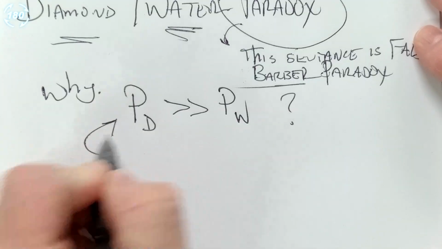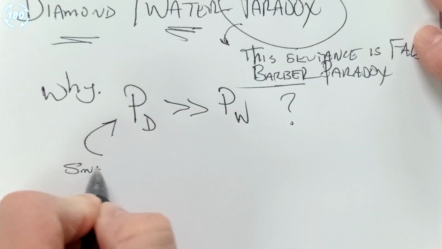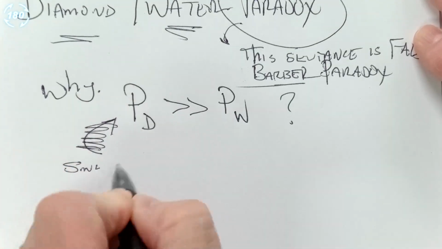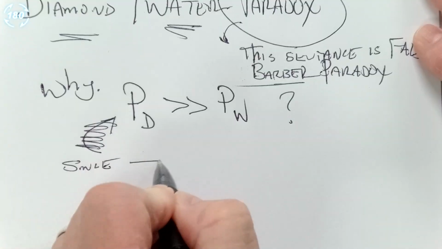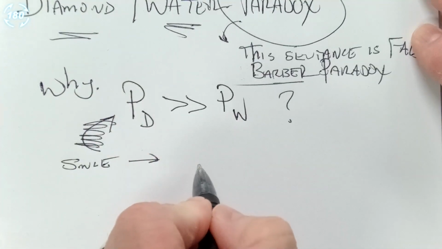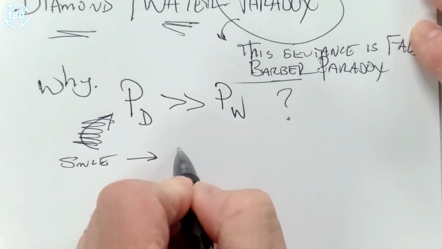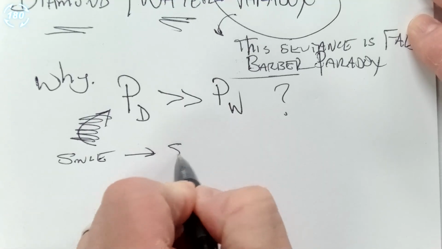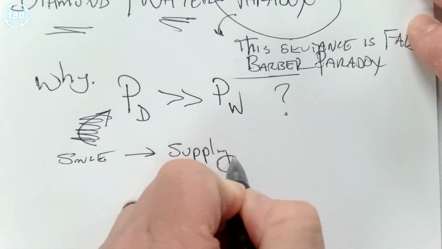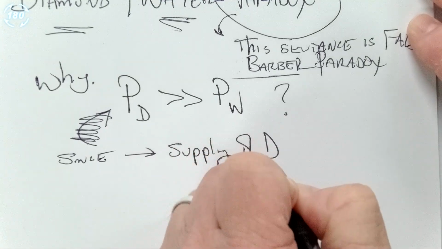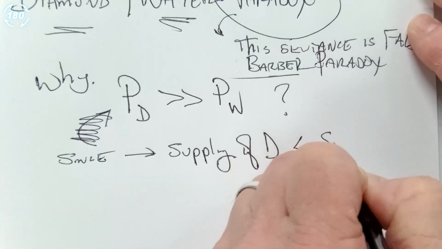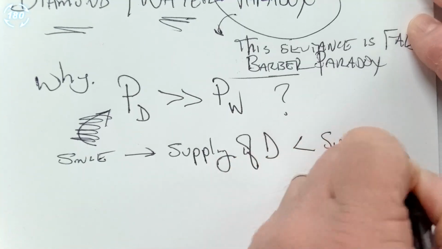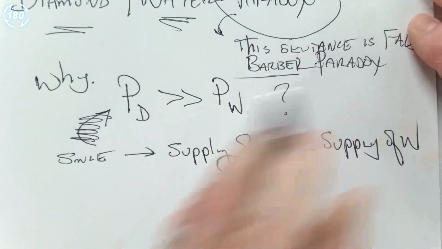Since what we have observed is the supply of diamonds is much less than the supply, or S, of water.